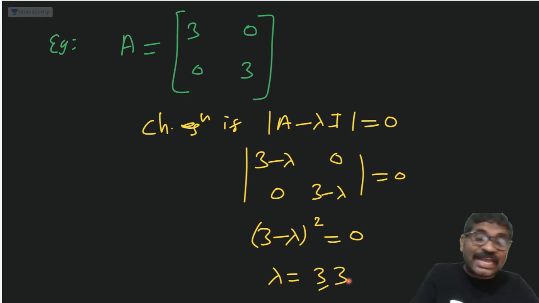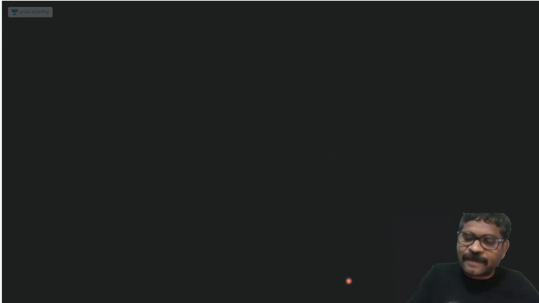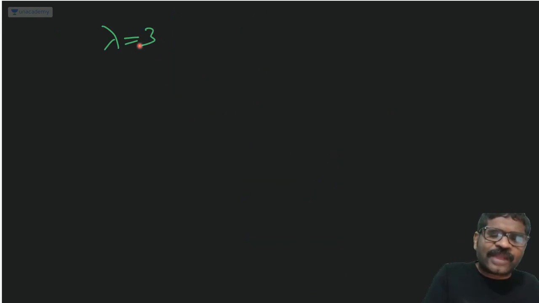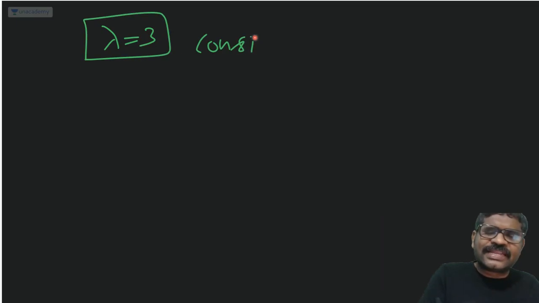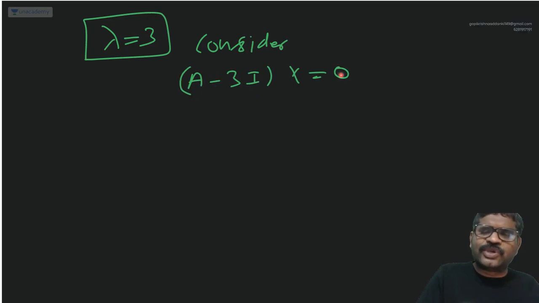Corresponding to lambda equal to 3, consider (A minus 3I) x equal to 0.